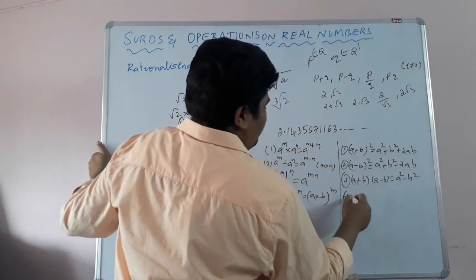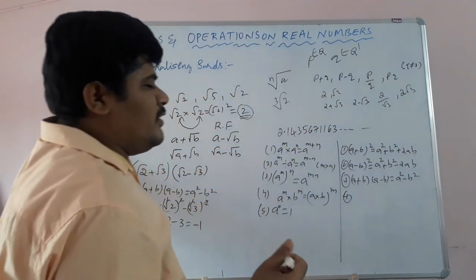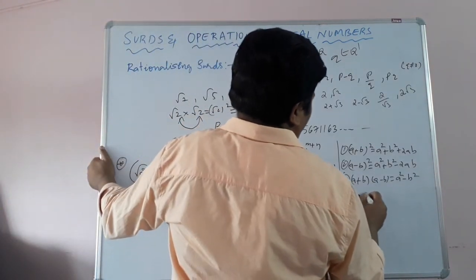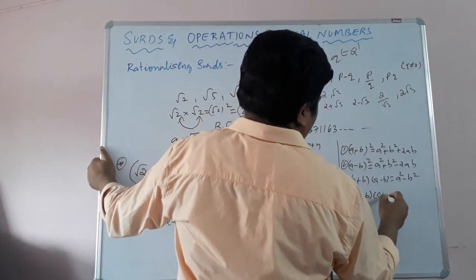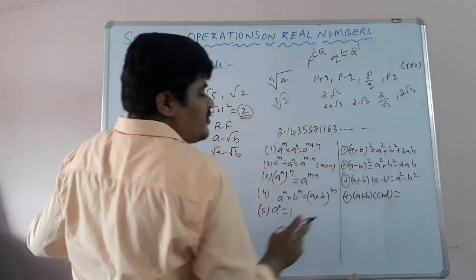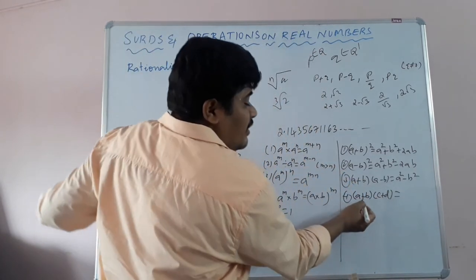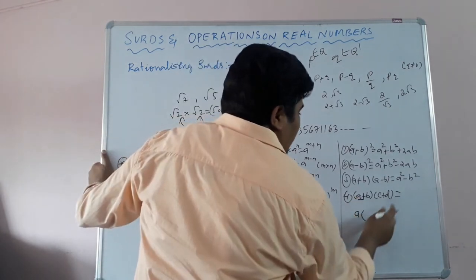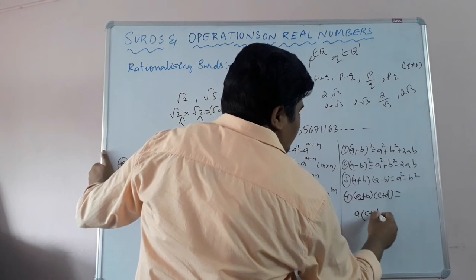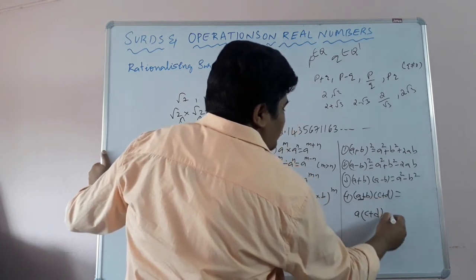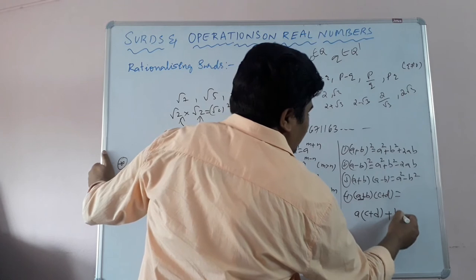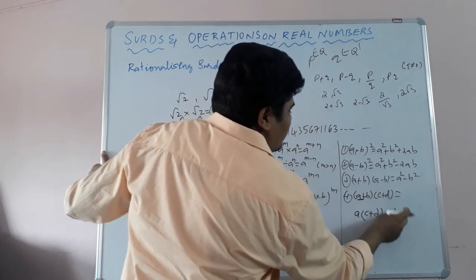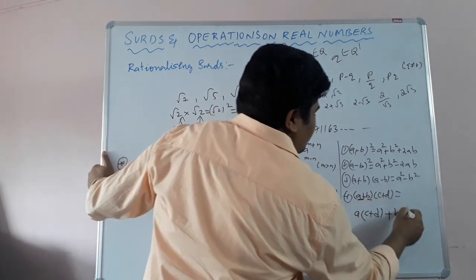Students, sometimes we need to multiply two different binomials. So I am taking (a+b) into (c+d). If the expression is in this way, first we take the first term in the first binomial, a, so a of (c+d), plus the second term, b of (c+d).